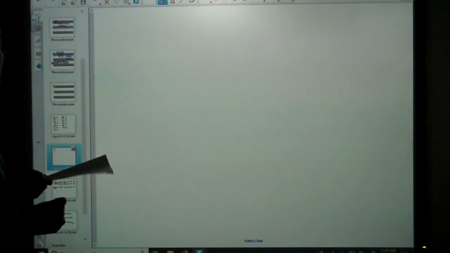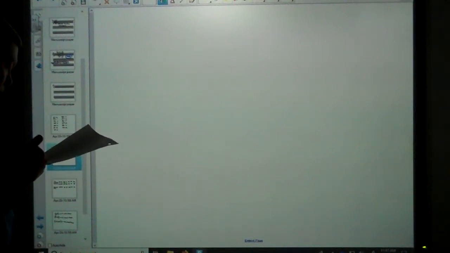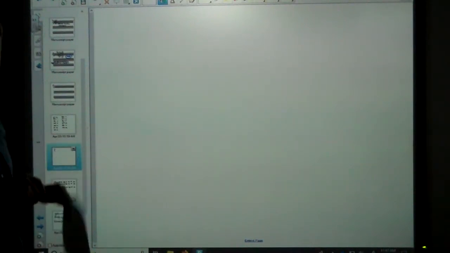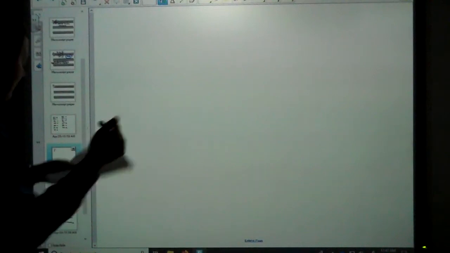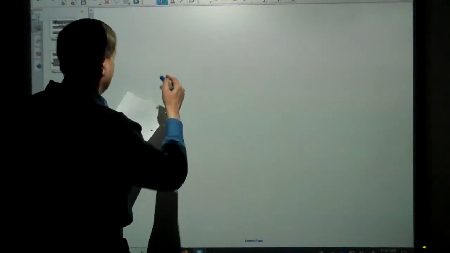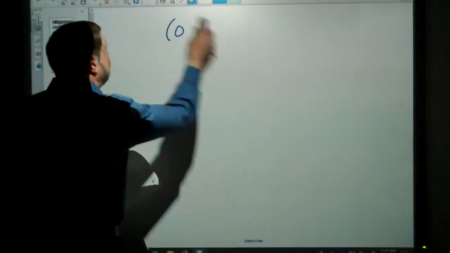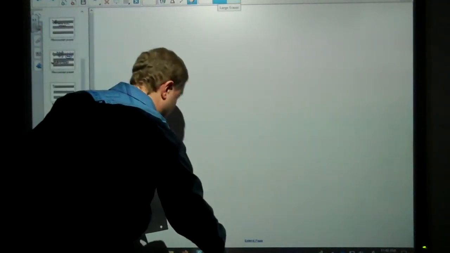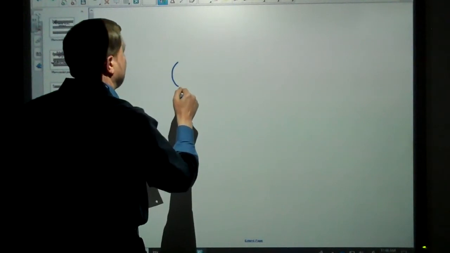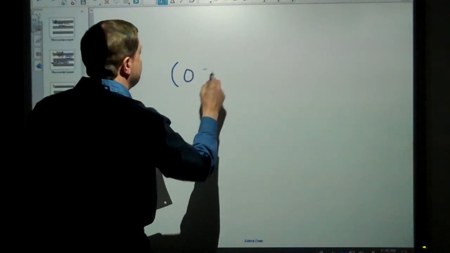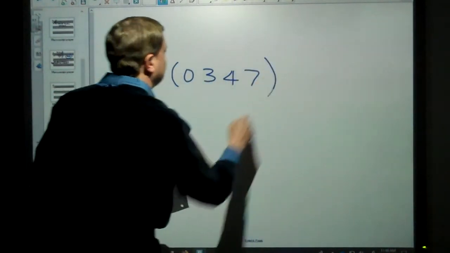The reason we do that is because this set will always begin with 0, and the remaining members of the set will represent how many half steps they are above 0. So for instance, let me put it down a little bit lower so I have some space to use. Let's find the interval classes and the interval vector of the prime form 0, 3, 4, 7.